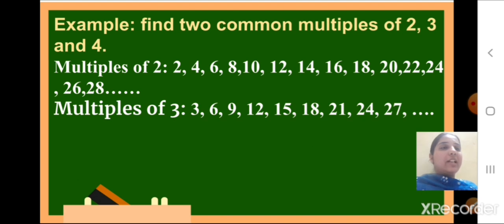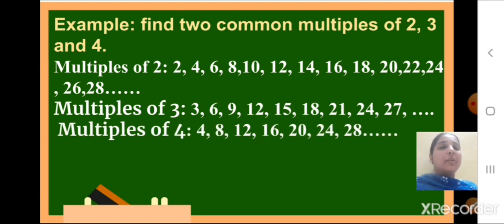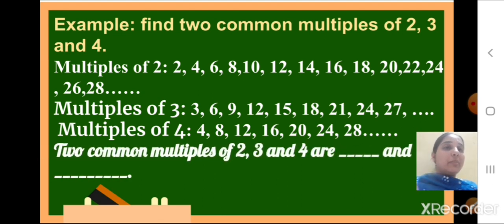Like this we will write up to a few multiples, and then we will write the multiples of number 4. So again you can see 4 1s are 4, 4 2s are 8, 4 3s are 12. Like this we will write up to a few multiples. Now we will find the common multiples.